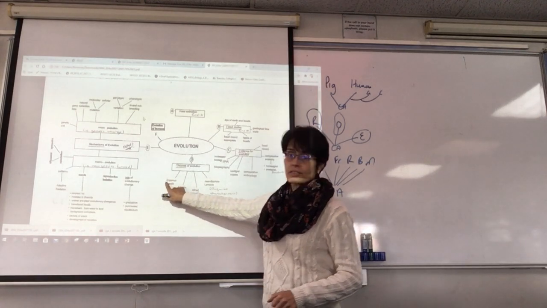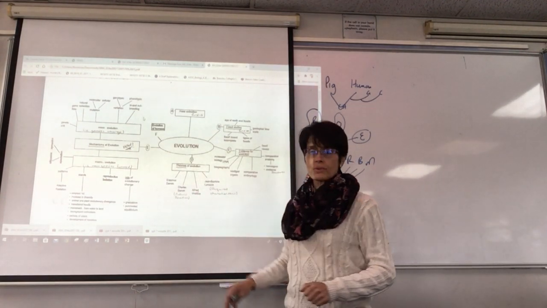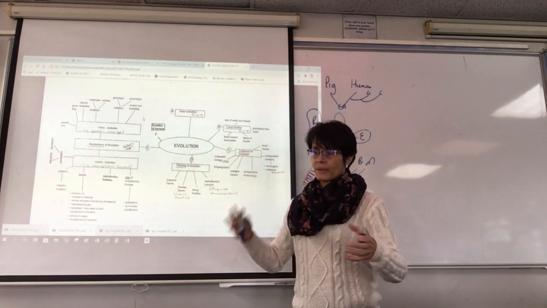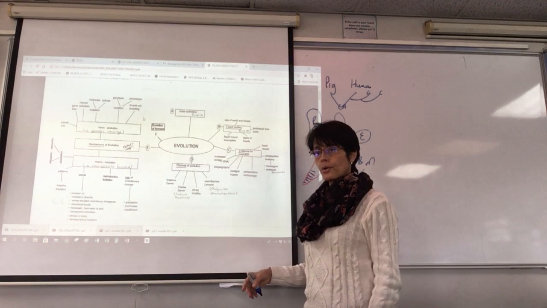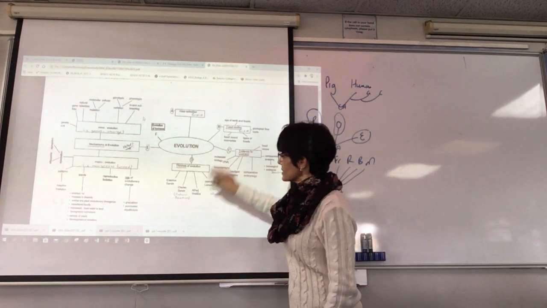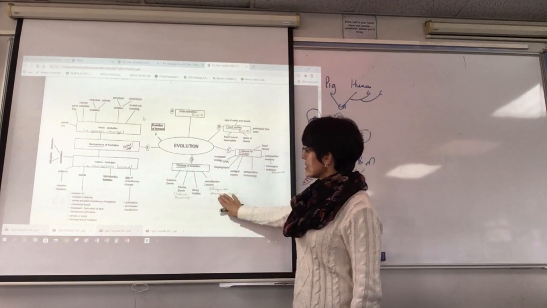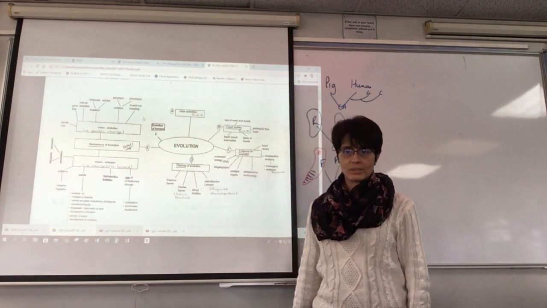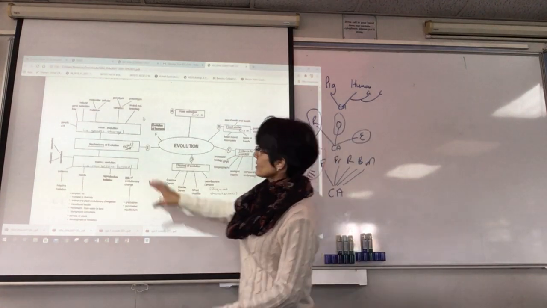He was influenced by his grandfather, Erasmus Darwin, and by another naturalist, Alfred Wallace. We'll talk about their relationship and how they both came up with the theory and why Charles Darwin only put forward the theory of natural selection. And then a very interesting chap, Jean-Baptiste Lamarck, came up with the theory of acquired characteristics, which is different to natural selection.